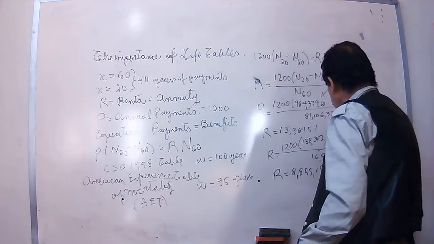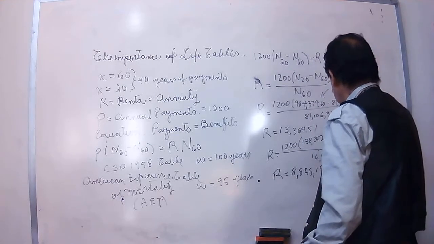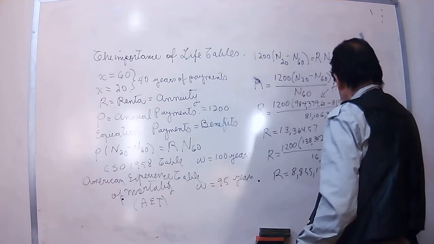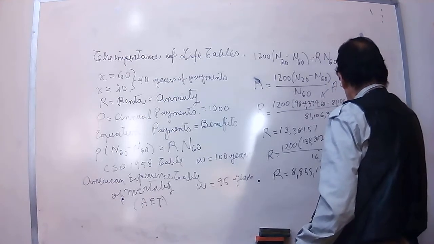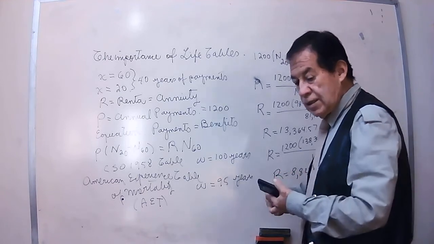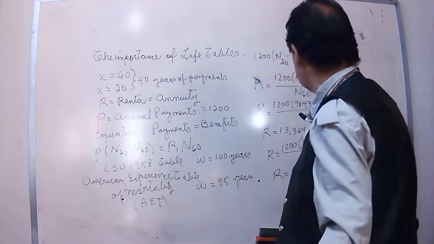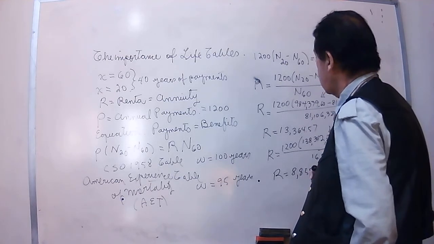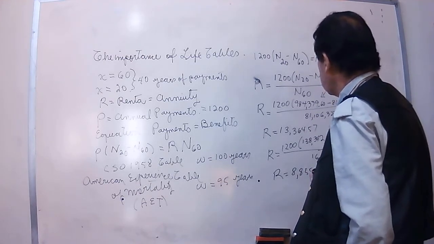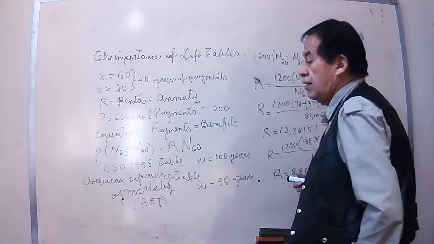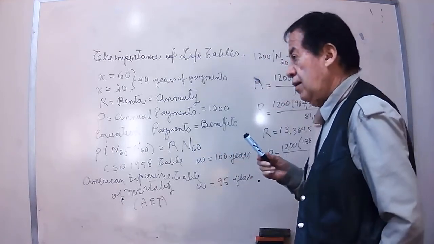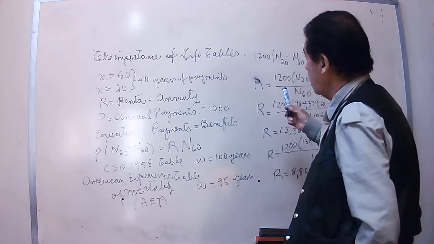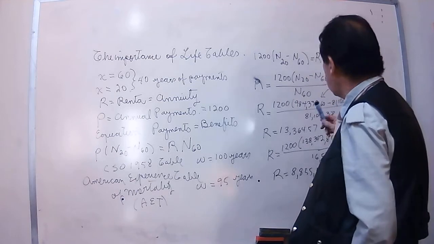Okay, now these figures are the result of the CSO 1958 table. As you can see, the amount of the rent which is going to be paid to an annuitant starting age 60. In other words, these are payments for life. This is a whole life annuity starting at age 60.